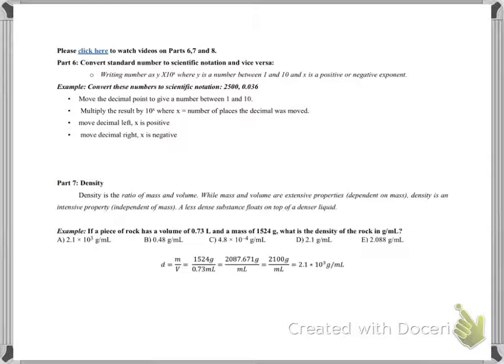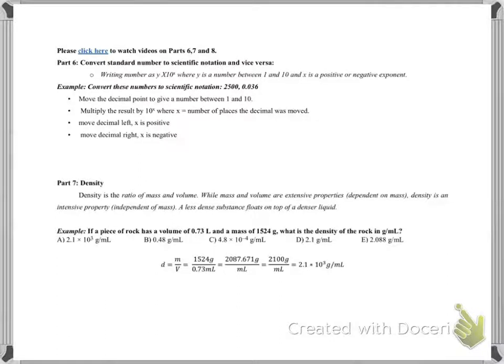One important thing that you need to know is how to convert a standard number to a scientific notation, or a scientific notation to the standard number.